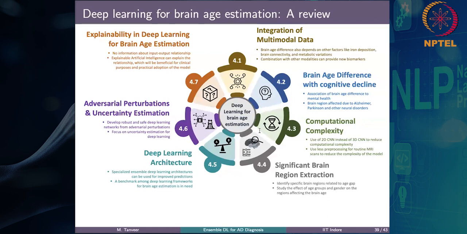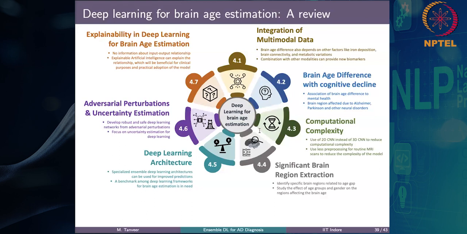We have not added ensemble deep learning, the reason being that there are only a few papers on it. So we have focused on deep learning for brain age estimation. From this review, we observe that a lot of scope is available for researchers and for clinical people to help society.